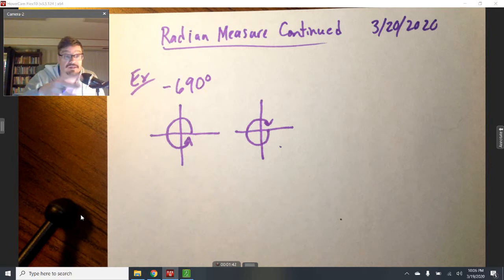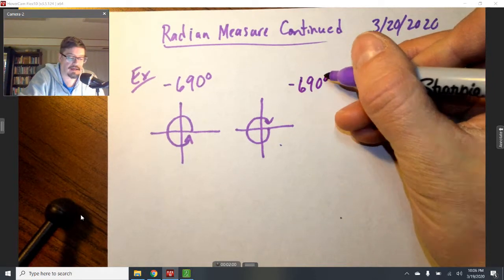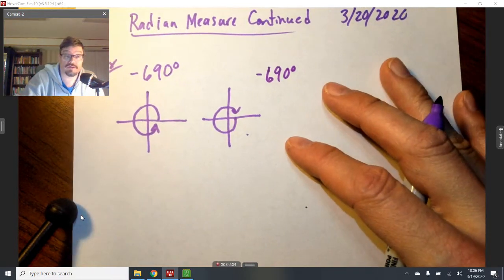All you have to do is keep the negative sign. That's all that matters, because we're breaking degrees from partitions of 360 to partitions of 2 pi, or really, from partitions of 180 degrees to partitions of pi. So if I have negative 690, just keep it negative, and that will translate into our conversion to radians.